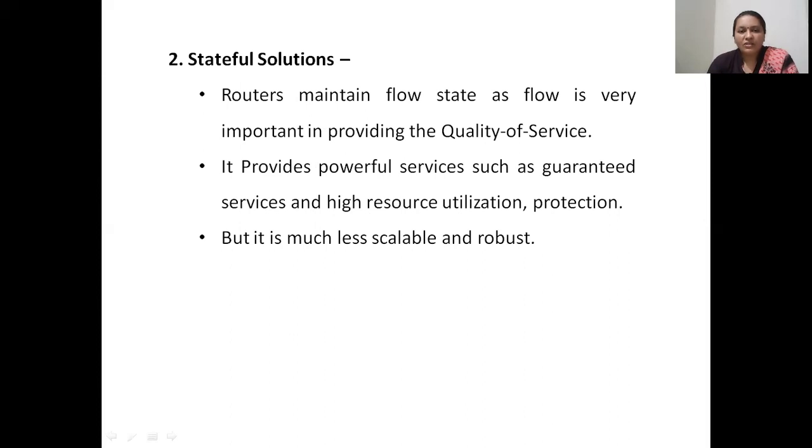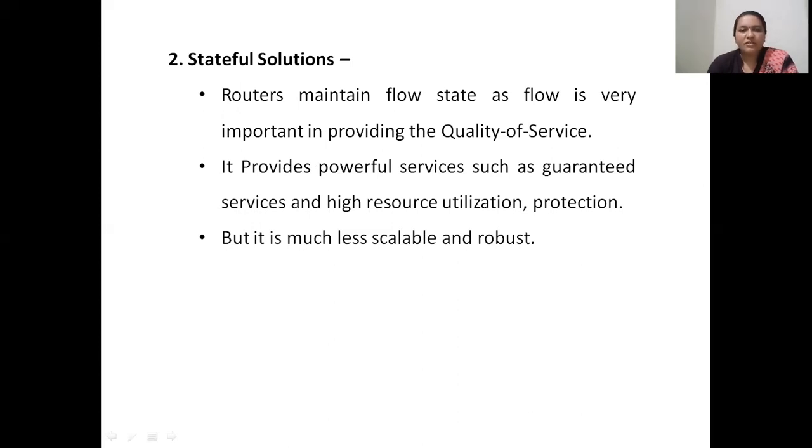So the user has to choose between stateless solutions and stateful solutions depending on what type of quality of service he requires. Does he require guaranteed service, high resource utilization, high protection? Then he has to choose stateful solution. If a robust and scalable system is desirable, then stateless solutions have to be picked by the user.